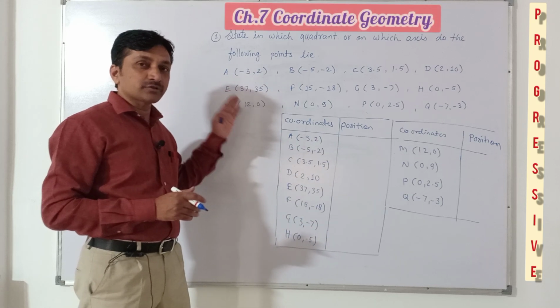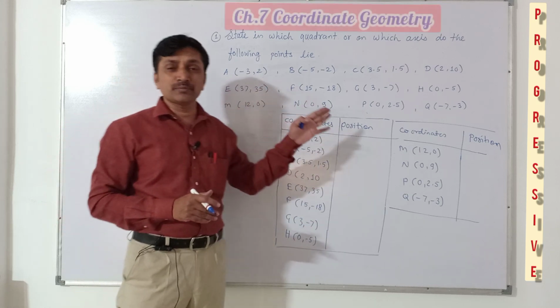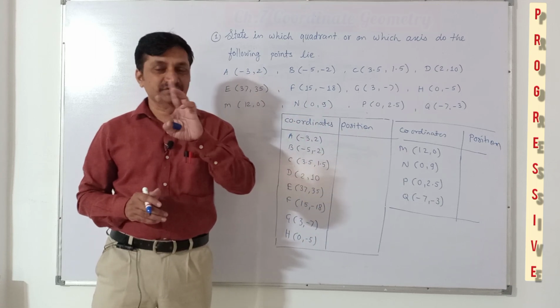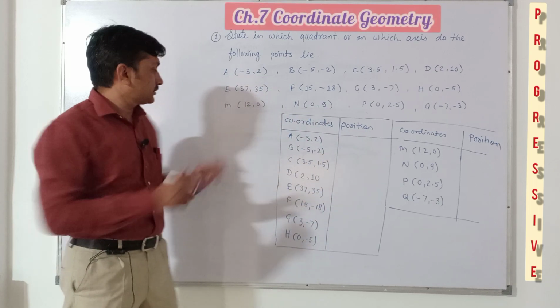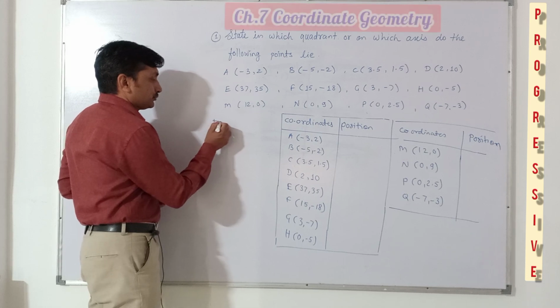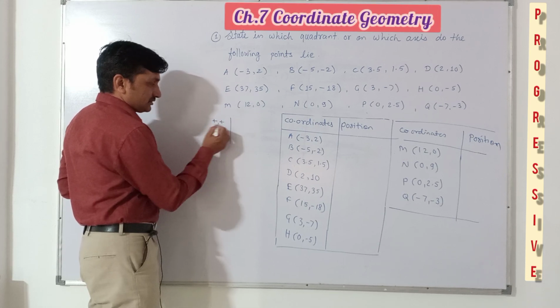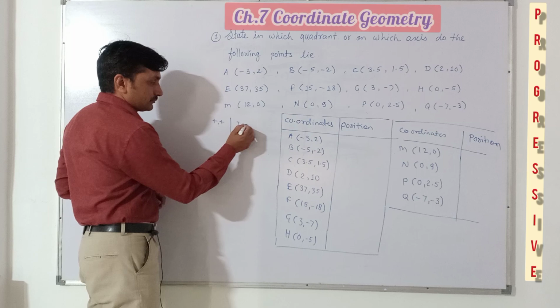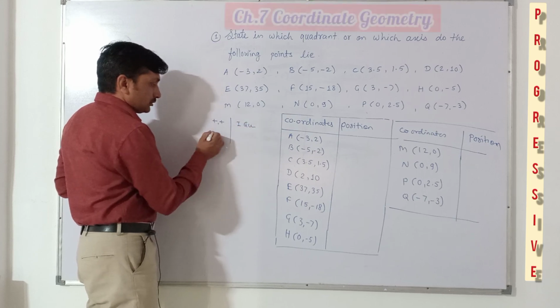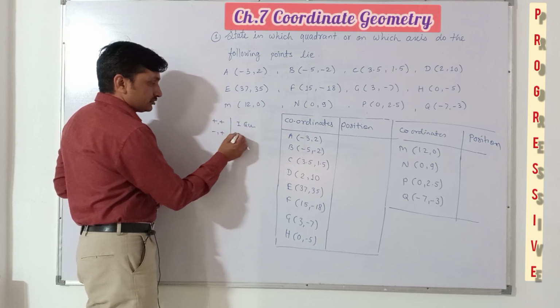First coordinate means x coordinate: negative x, positive y, second quadrant. Here I write for your understanding. Both positive, you remember like this, first quadrant. Negative positive, second quadrant.